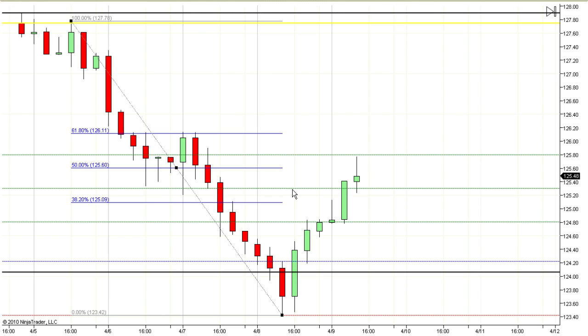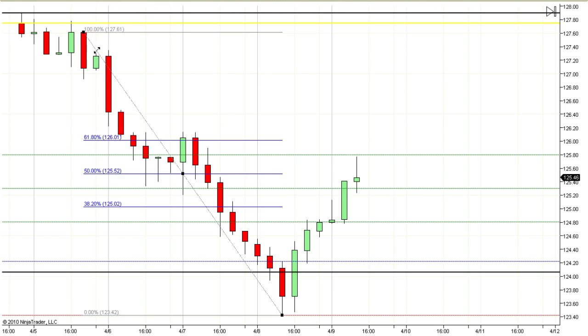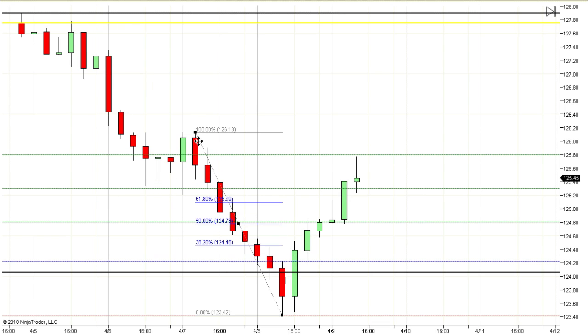So what I did, just to find out what would happen, I then moved the fibs to the start of this most recent move down. So that's from this bar, which I see is the start of the most recent move downwards.